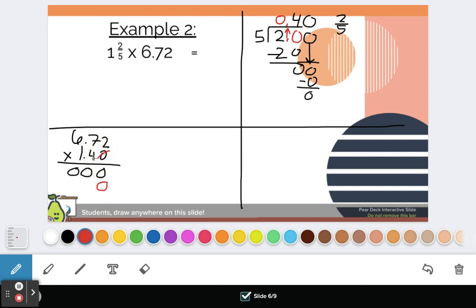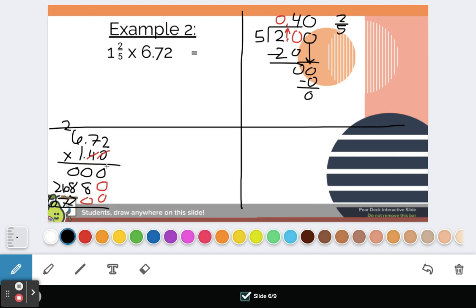My placeholder, 4 times 2 is 8. 7 times 4 is 28. 6 times 4 is 24, 25, 26. And then remember, because I'm done with this 4, I need to cross it out. Now I have 2 zeros. And then I have 1 times 2 is 2, 1 times 7 is 7, and then 1 times 6.